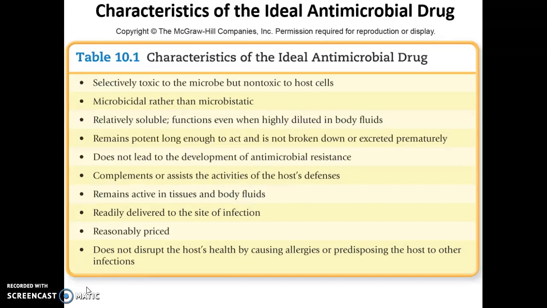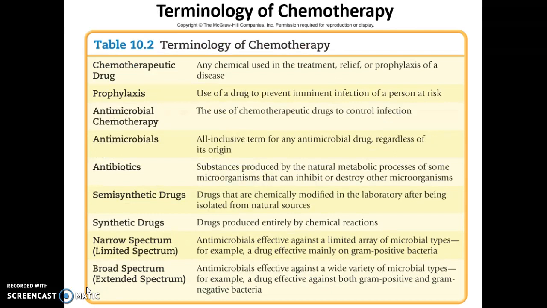And you don't want it to cause allergies or to make pre-existing conditions worse, or predispose the host to other types of infections. Now, here are just some terms that you will want to know.